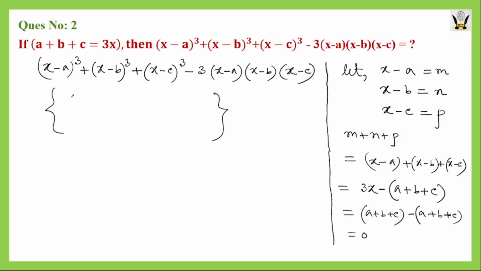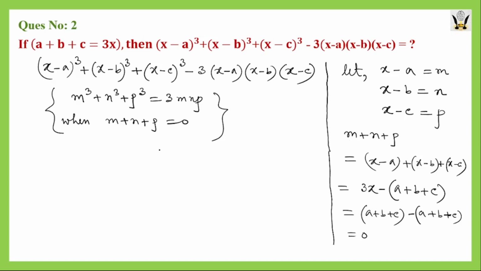We also know this identity, that m cube plus n cube plus p cube is equal to 3mnp when m plus n plus p is equal to 0. And we have already seen that m plus n plus p is equal to 0, where m is equal to x minus a, n is equal to x minus b, and so on.